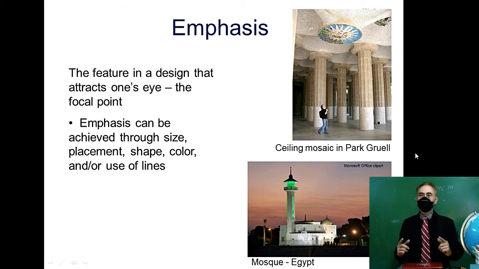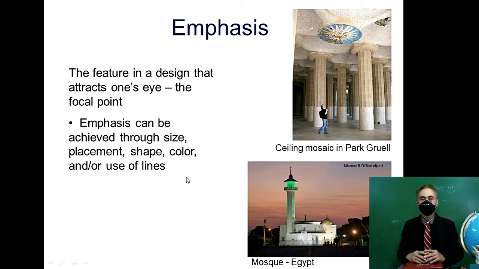Now let's go to emphasis. The feature in a design that attracts one's eye, the focal point. Emphasis can be achieved through size, placement, shape, color, and or use of lines. Example is the ceiling mosaic in Park Guell, the Mosque of Egypt.